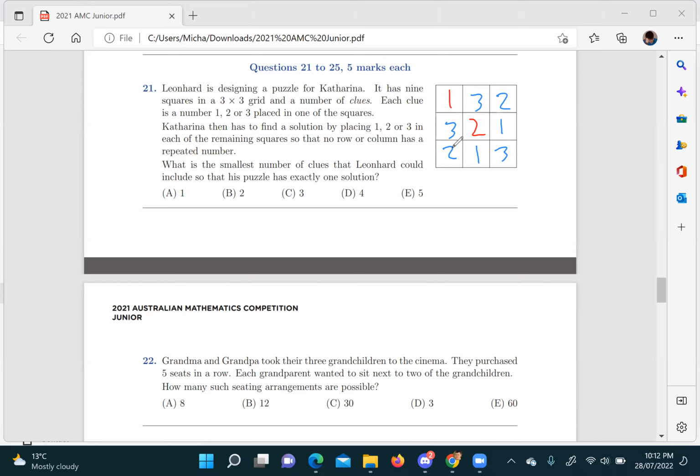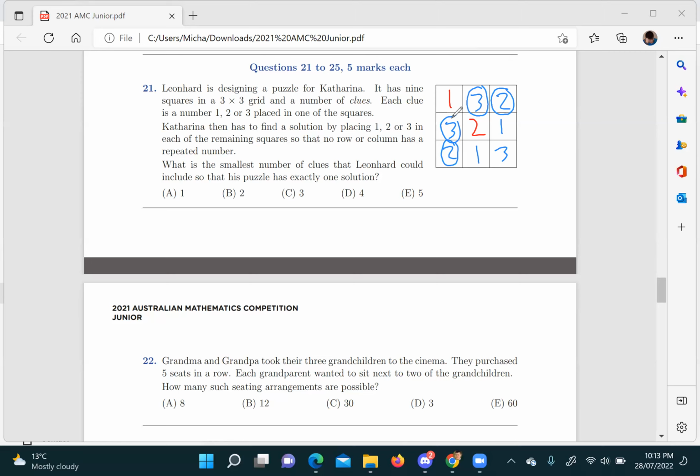But can you see the 3 has to go here? Has to be a 3 there. Oh yeah. So it has to be a 2 there, and by symmetry, these have to be 3 and 2 as well.